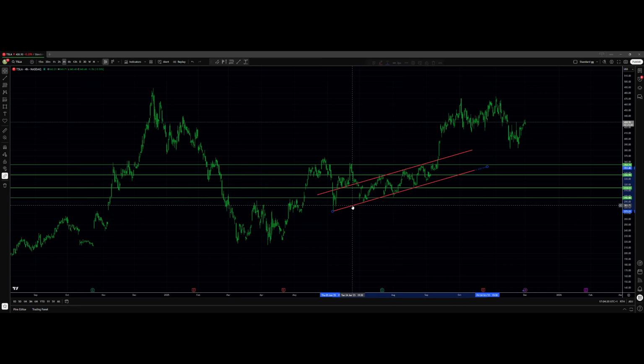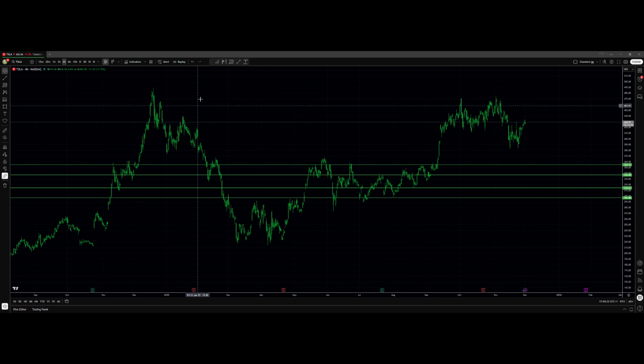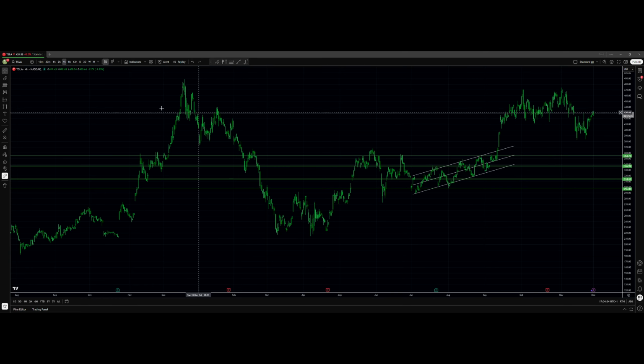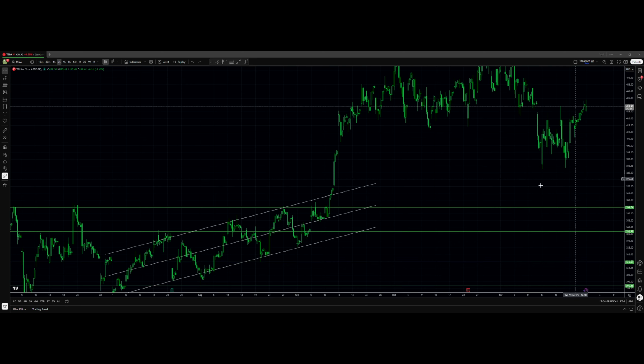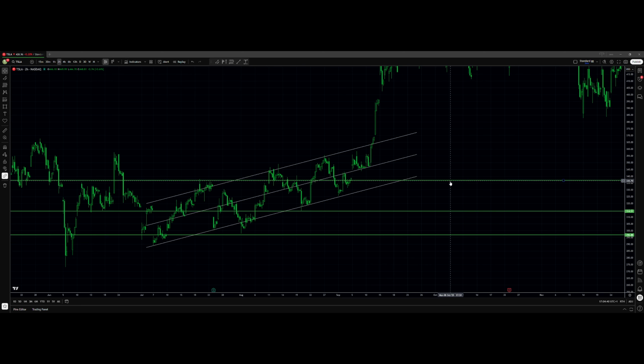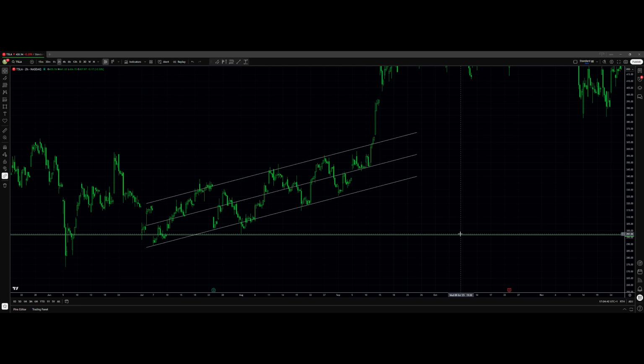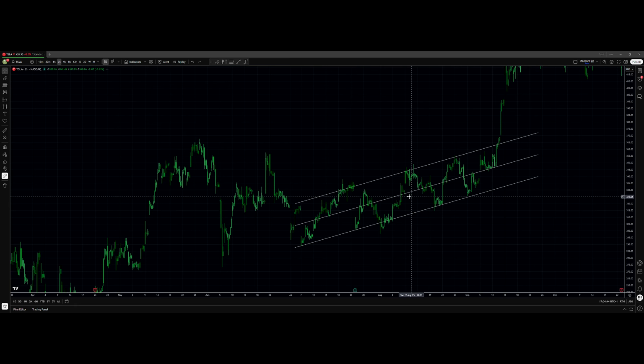I don't even need to do it with individual lines. I can also just draw such a channel in TradingView right here. I even have a mid-range, and if we zoom in a little more on the 2-hour and get rid of the horizontal levels, we can even see how price reacts to and respects the mid-level.